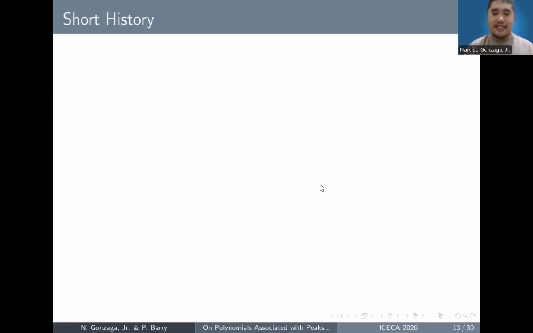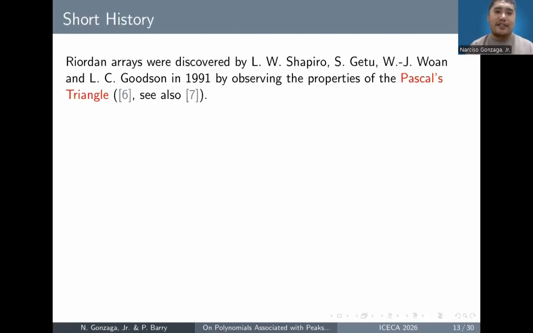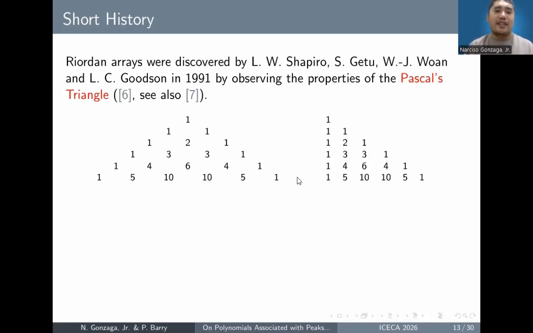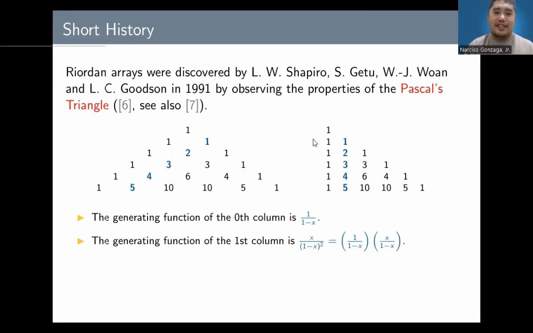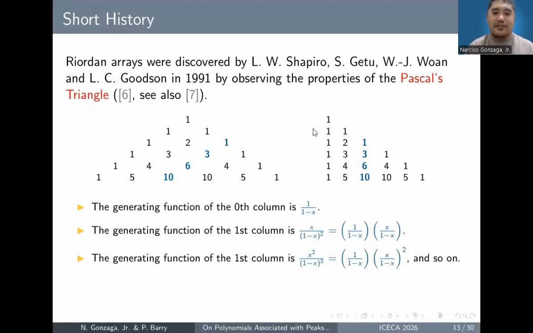And a little bit of history now. Riordan arrays were discovered by Shapiro and company by observing the Pascal's triangle, because the anti-diagonals of the Pascal's triangle have a pattern in terms of the generating functions. It follows that the generating function of the kth column is x over 1 minus x, raised to k.